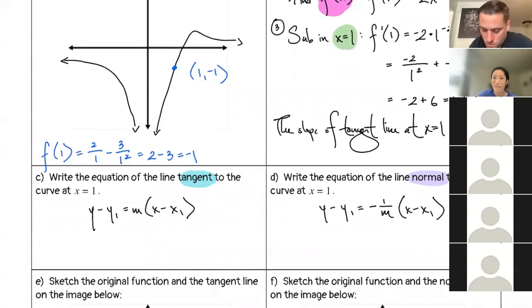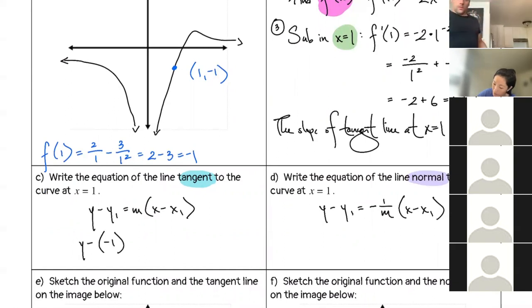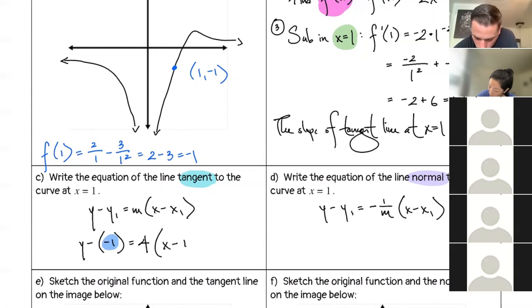And for those of you who are wondering, how did that become a +1, like y + 1? If you were not to simplify it, you would have y minus -1, because that was the y value I got from above, which equals 4, because that's my slope from earlier, times x minus 1.